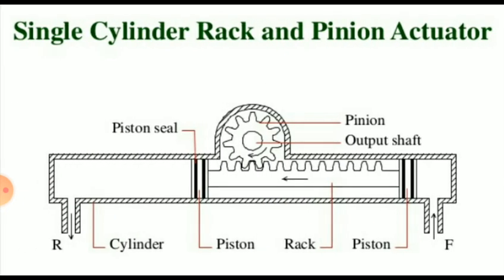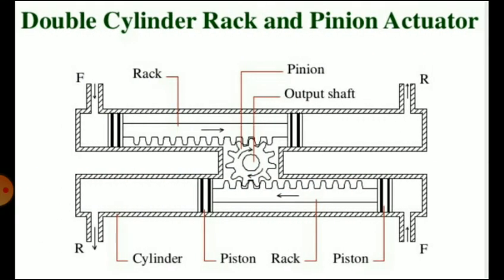The next type of limited rotary actuator is the single cylinder rack and piston actuator, shown in a diagram, and the dual piston type limited rotary actuator. The linear motion of pistons is converted into rotary motion by the use of a rack and pinion mechanism.